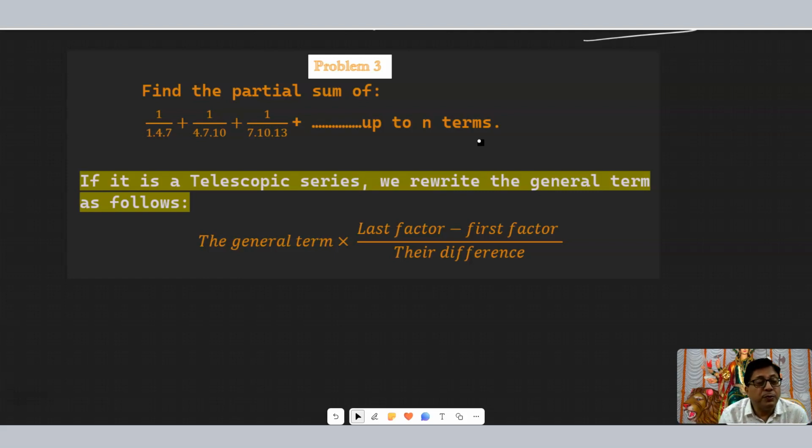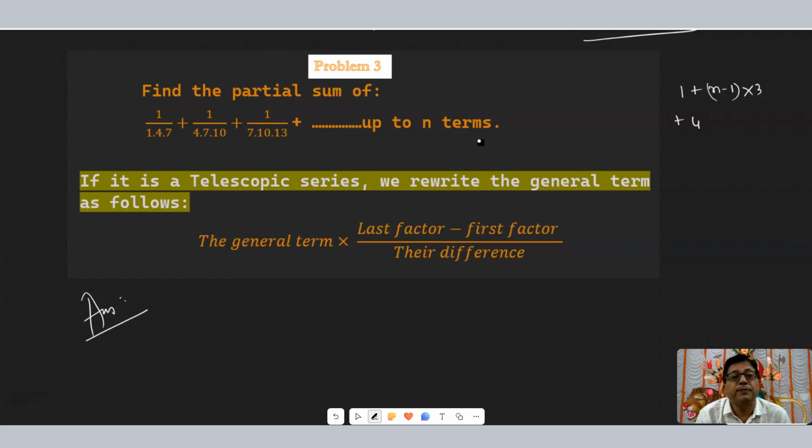Okay. So before we apply this method, let us find the general term here. You can easily find the general term. That Tn, it is the nth term of 1, 4, 7. Nth term of 1, 4, 7 is what? 1 plus n minus 1, this multiplied by 3.